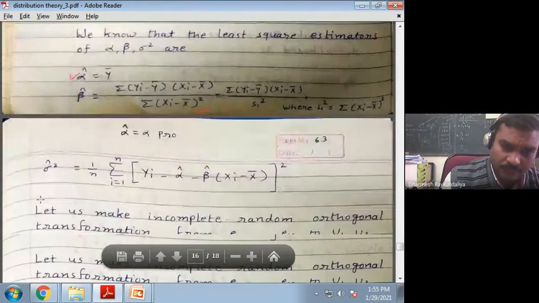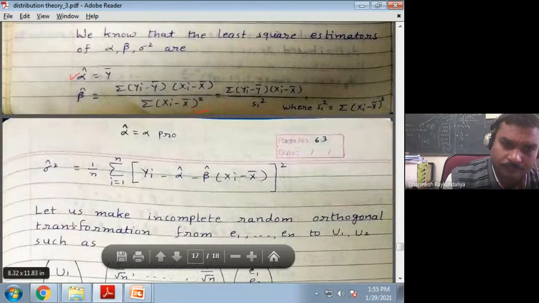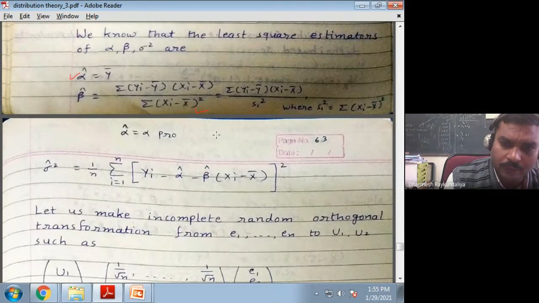The estimate of sigma square is obtained, like the parameter estimates in least squares, by minimizing the sum of ei square. If you minimize this quantity with respect to alpha and beta, you will get the least square estimates, where ei is yi minus yi cap.